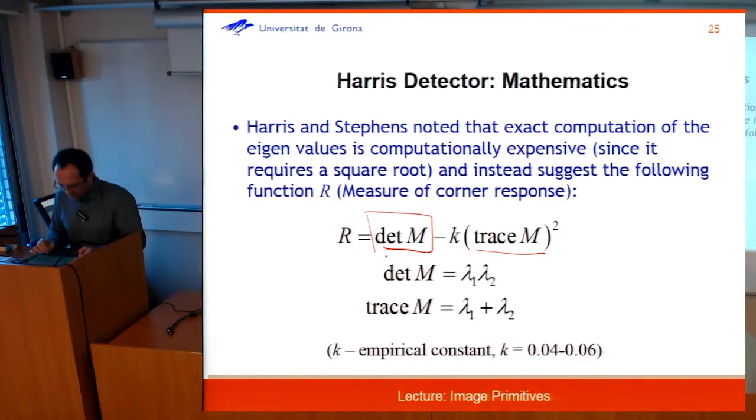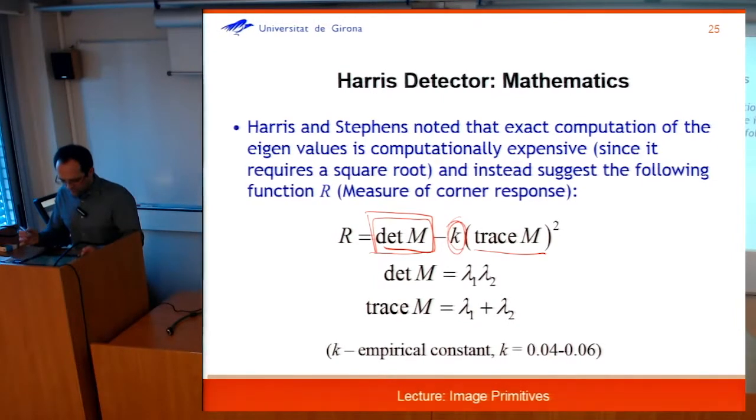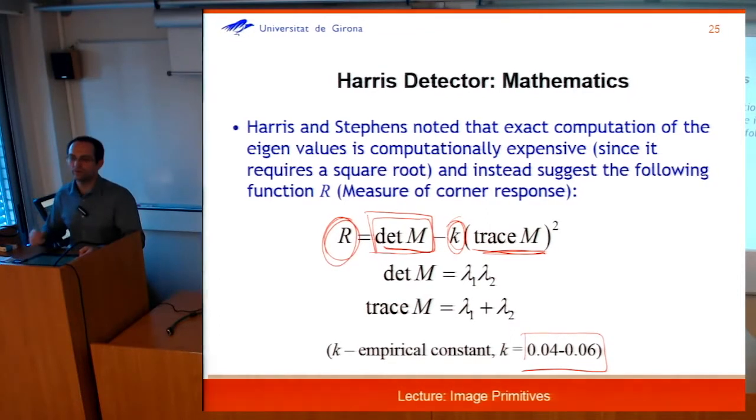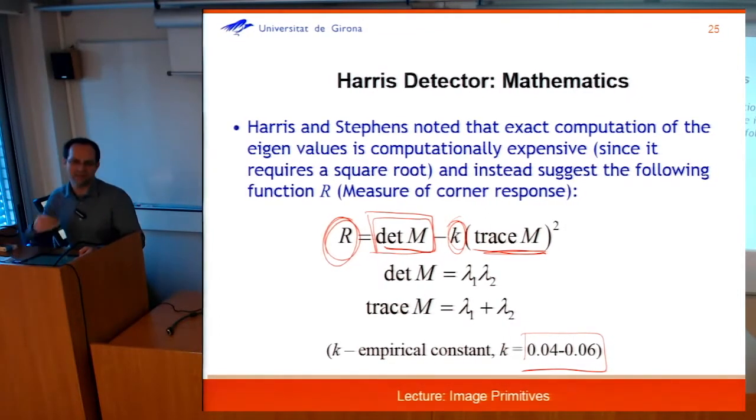Their R measurement was the determinant of M minus some constant, set empirically to have a value between 0.04 and 0.06, so you just set this value and everything runs more or less fine, times the trace squared. And this is essentially an approximation of using the eigenvalue method. Computing the eigenvalues is very time consuming, so we're just going to apply this approximation.